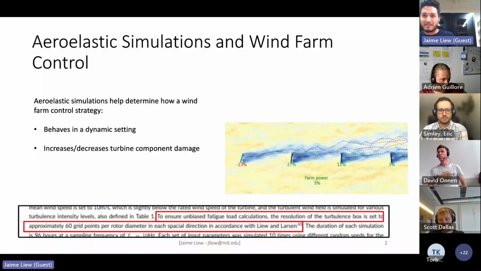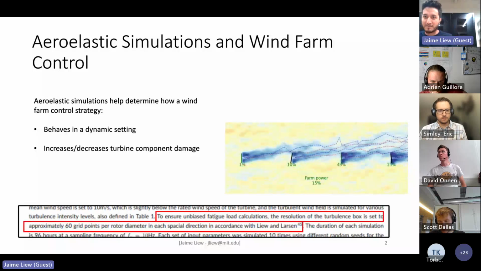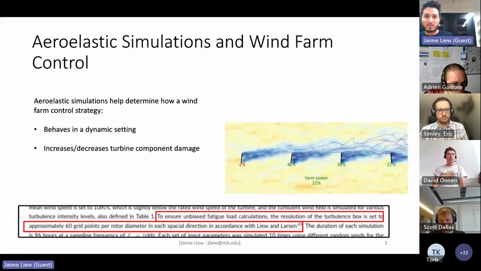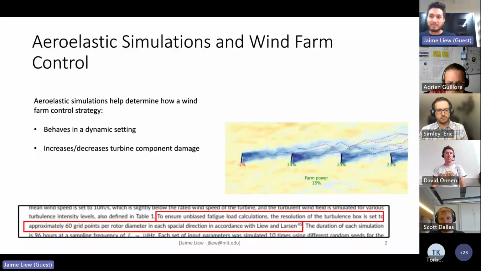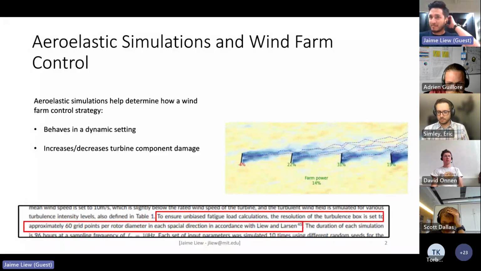And in the manuscript, which isn't available yet, but it should be available any day now, I have a sentence saying, to ensure unbiased fatigue load calculations, the resolution of the turbulence box is set to approximately 60 grid points per rotor diameter in all spatial directions. So this presentation would just dig into where this 60 grid points per rotor diameter came from.